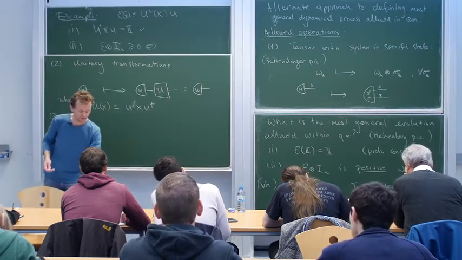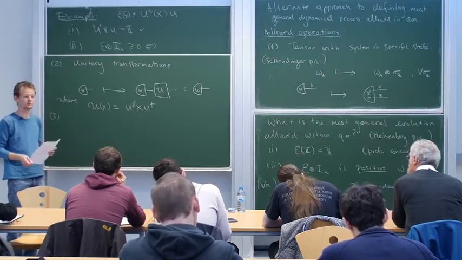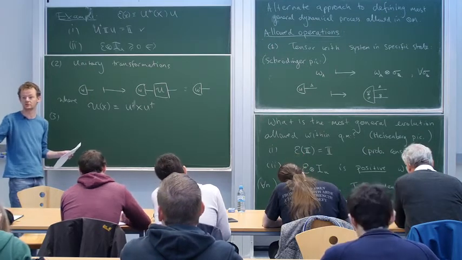And the third and final allowed operation in quantum mechanics is to reduce to a subsystem. What that means operationally is we simply do not measure things on the other system.